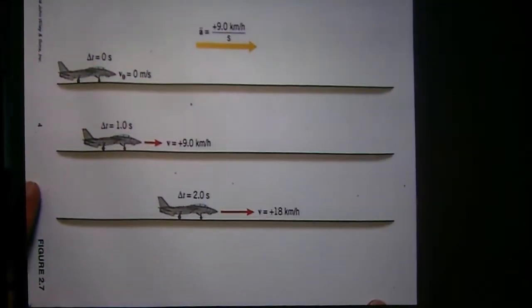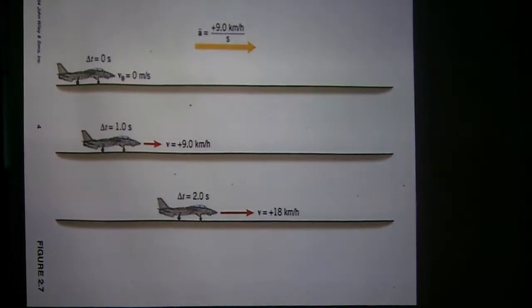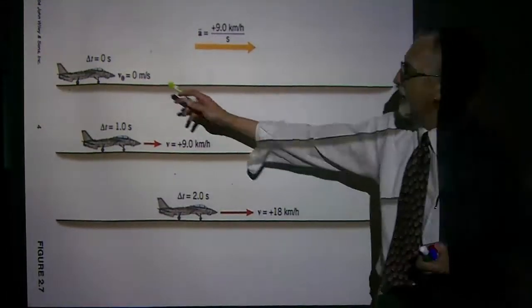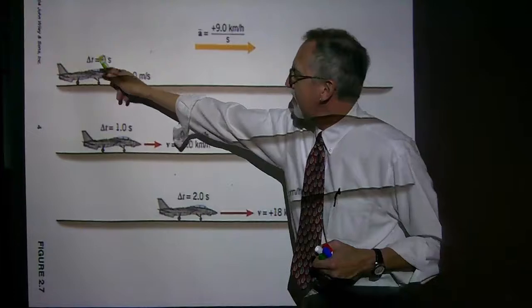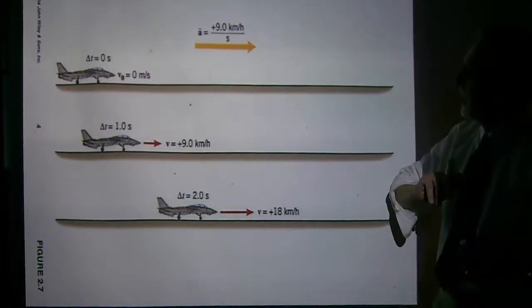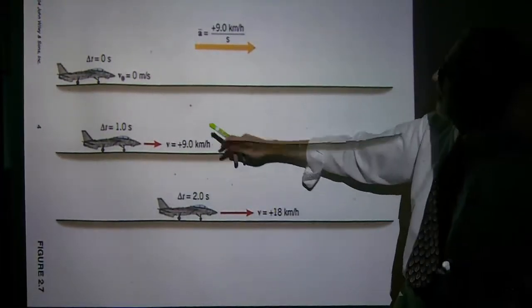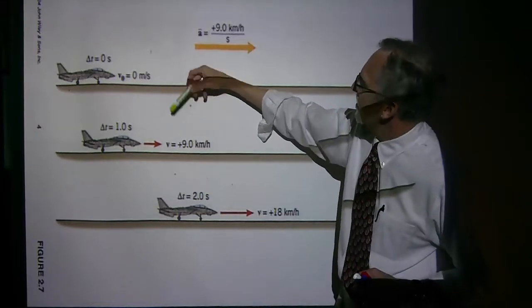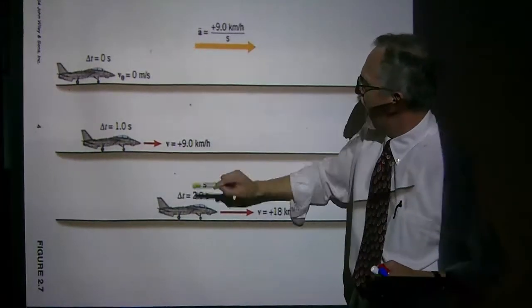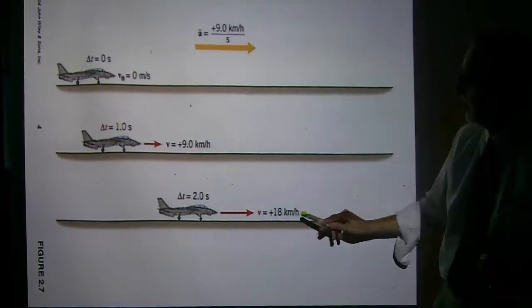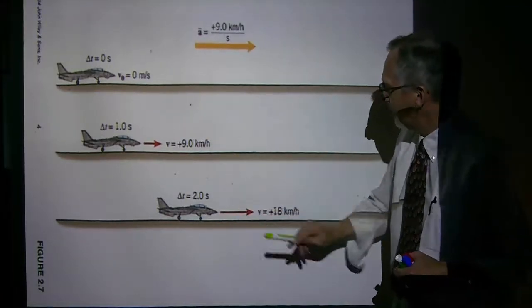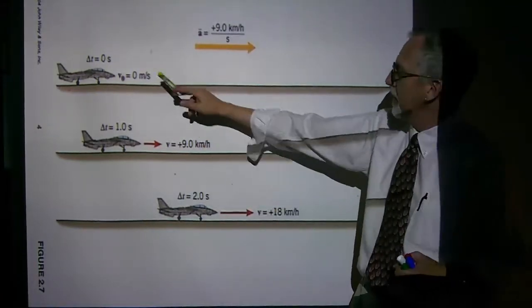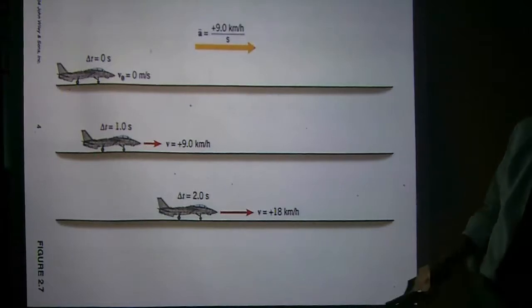Sometimes some problems give rise to numbers that aren't very pretty, but here's a jet that is taking off, starting off at 0 meters per second at 0 seconds. Actually, they've changed units on us. 0 kilometers per hour, 9 kilometers per hour, 18 kilometers per hour after 2 seconds. Change in velocity, 18 minus 0 is 18 kilometers per hour.